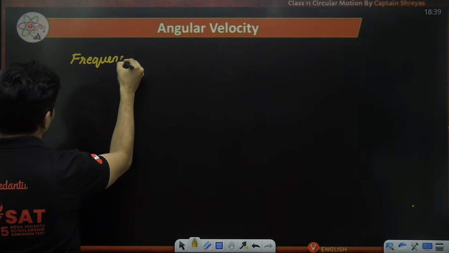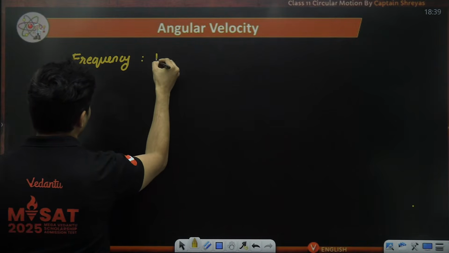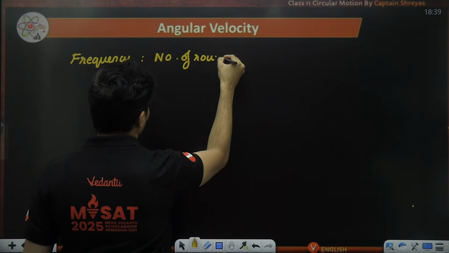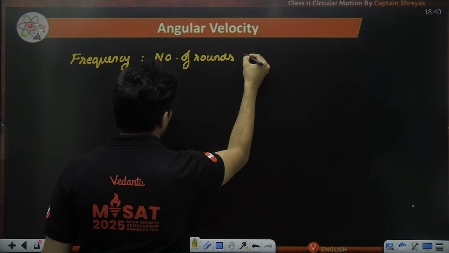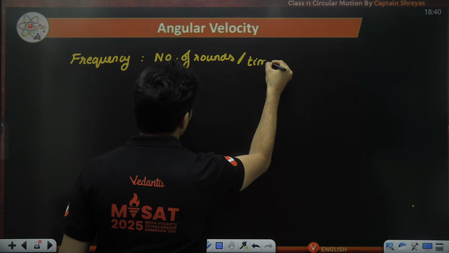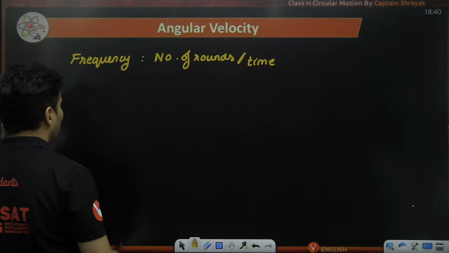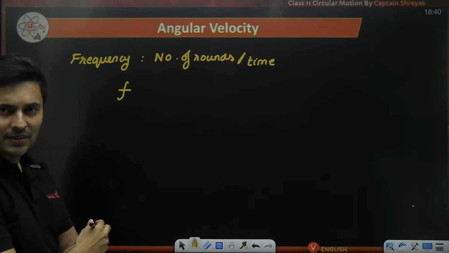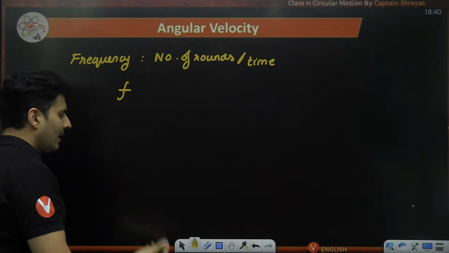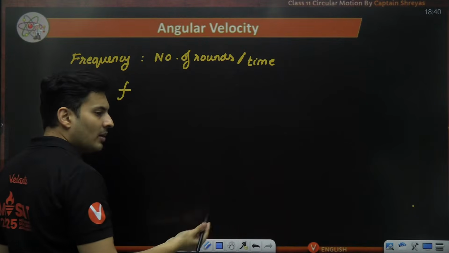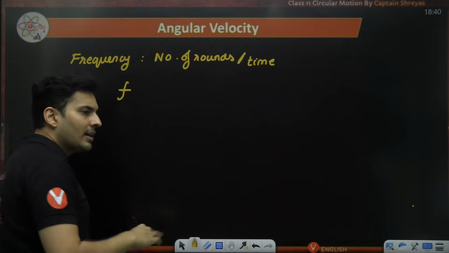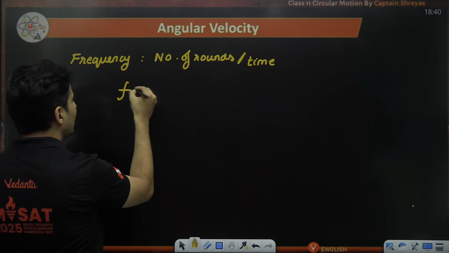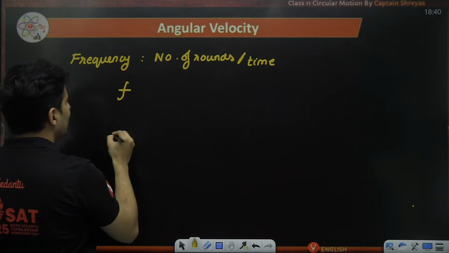Frequency is basically the number of rounds that you perform per unit time. The symbol is F, and if you know the frequency, you can easily get the omega value also.